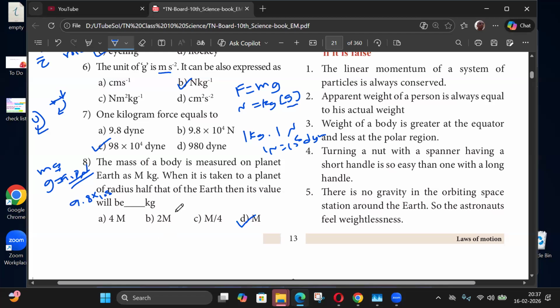But the weight will be different because weight is mass into gravitational force on 1 kg, which is G. So the first planet will be mg1, and second planet will be mg2, because for both planets G1 and G2 are different. So this is weight, W1, W2. But mass is the same, weight will be different.